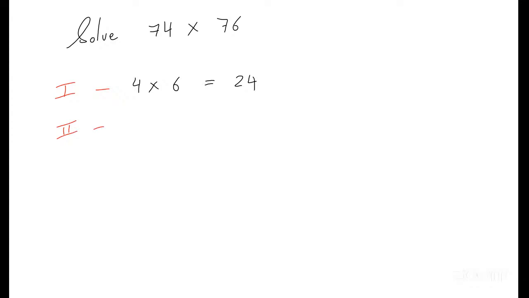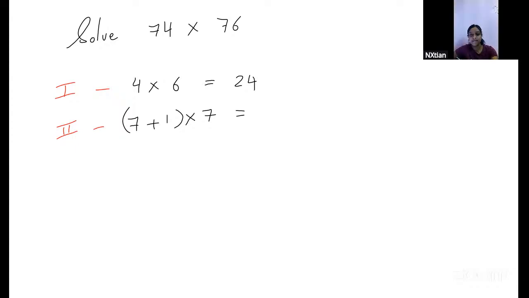Then the second step, we will do 7 plus 1 multiplied by 7. Yes, Abraham. For this to work, we have to have the tens digit the same.